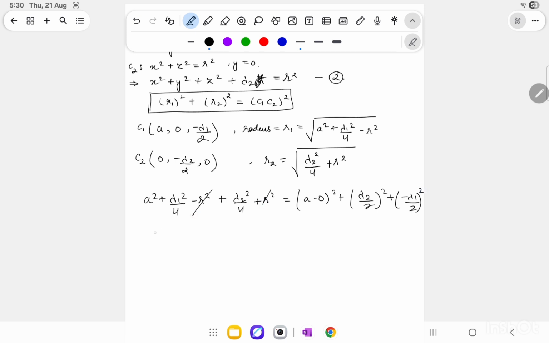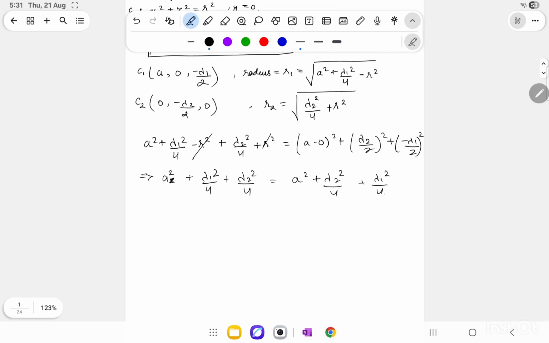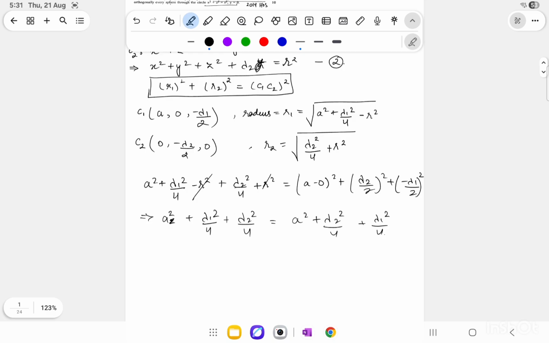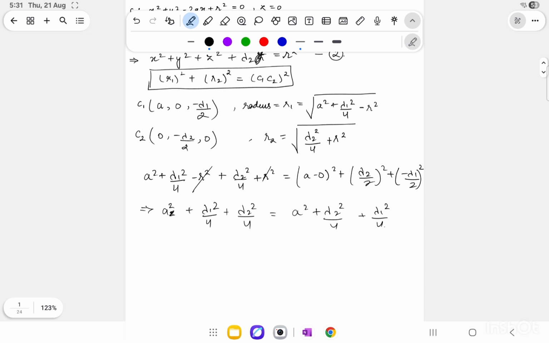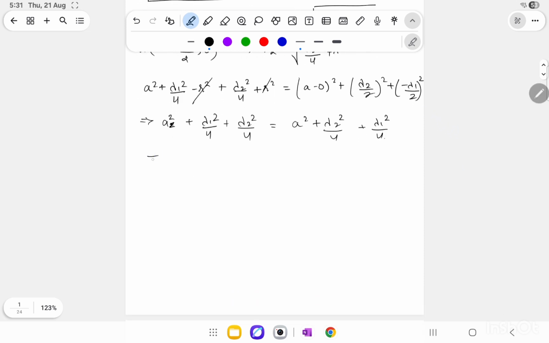So if I simplify it, I will get a square plus lambda 1 square by 4 plus lambda 2 square by 4 is equals to a square plus lambda 2 square by 4 plus lambda 1 square by 4. So my RHS and LHS are both equal, so the condition of orthogonality is satisfied. So any arbitrary sphere passing via the given circles are orthogonal to each other. So we can say that spheres S1 and S2 cut each other orthogonally.